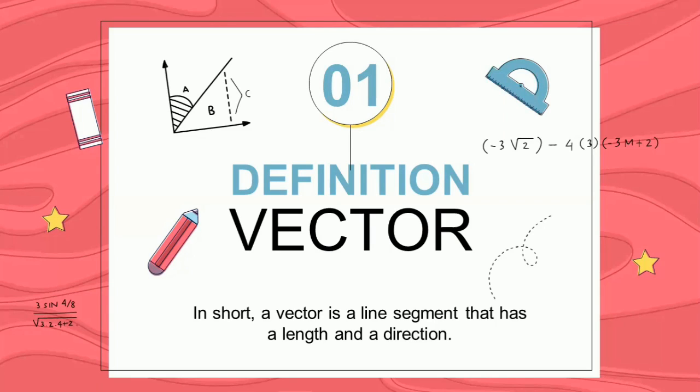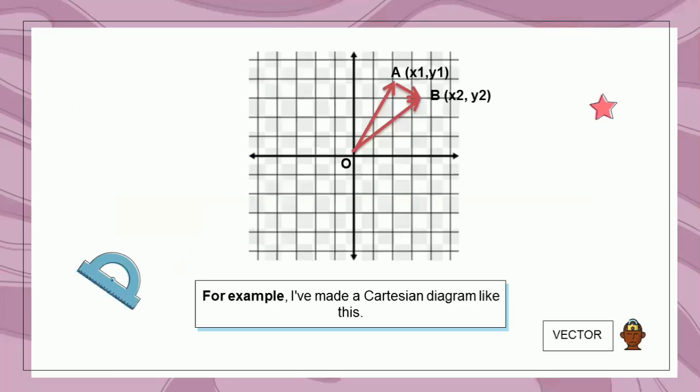For example, I will make a Cartesian diagram. For example, I've made a Cartesian diagram like this. Then here are 2 points. Both points are denoted by capital letters.